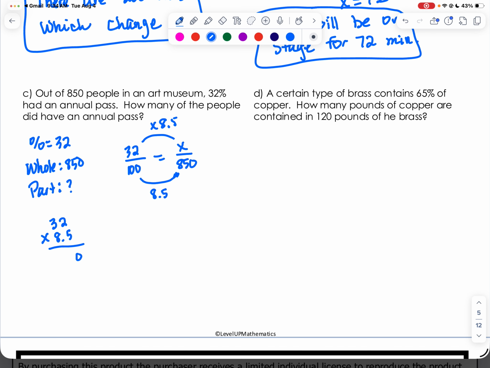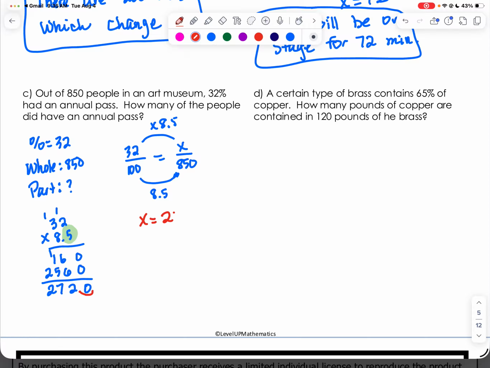So 2 times 5 is 10, carry the 1, 15, 16, drop a 0. 8 times 2 is 16, carry the 1, 24, 25. So 0, 12, 1, 5, 6, 7, 2. Now remember, we had one number after the decimal, so we need to move our decimal in one place.